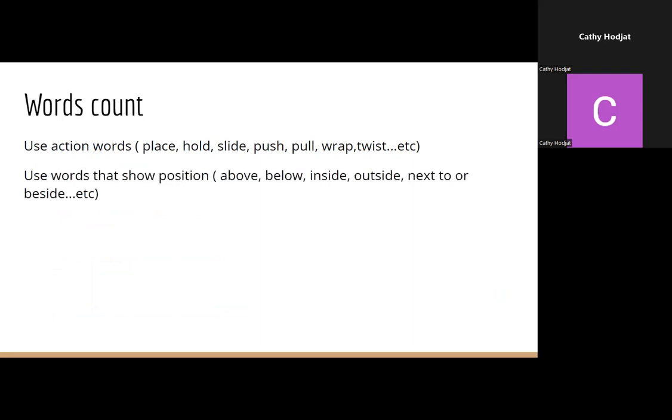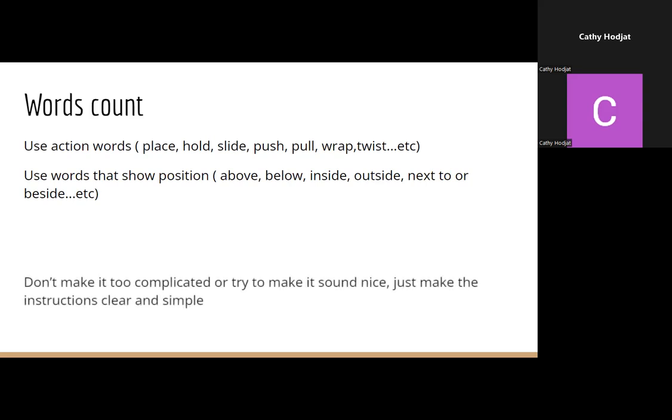Use words that show position: above, below, inside, outside, next to, or beside, etc. Don't make it too complicated or try to make it sound nice. Just make the instructions clear and simple.